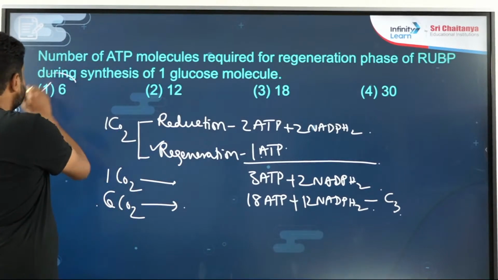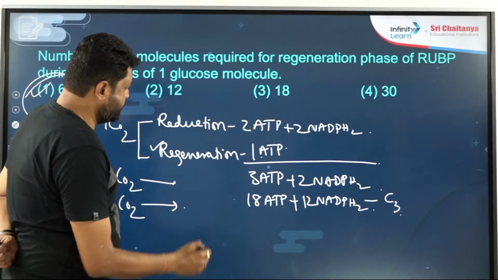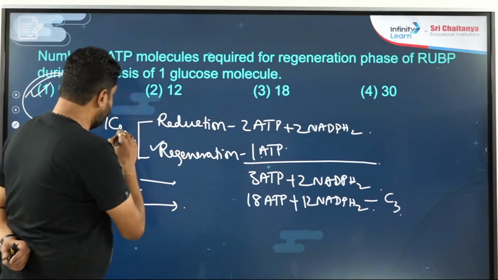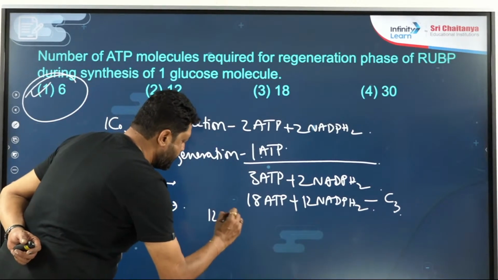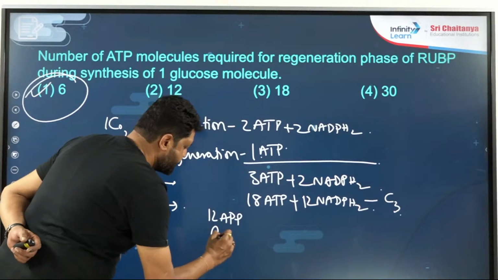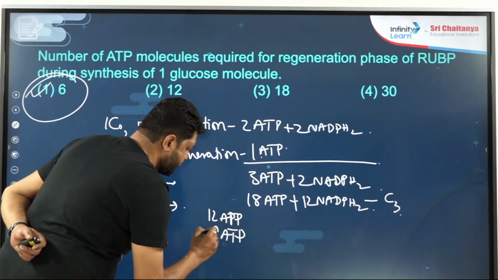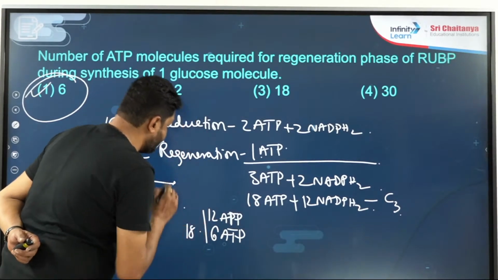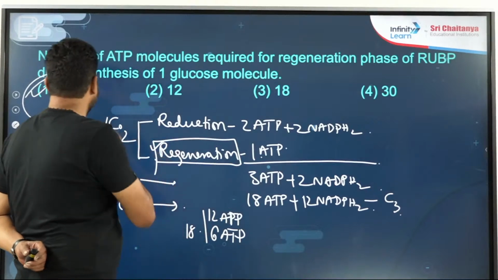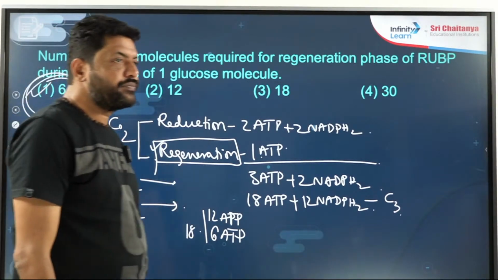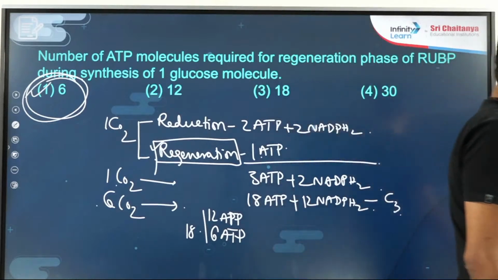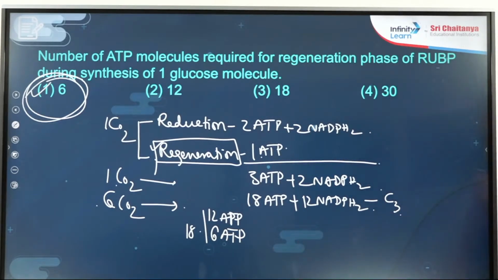If I talk about 6 CO2, 6 into 2, 12 ATP in reduction and 6 ATP in regeneration, together 18 ATP. So he is asking about regeneration only. Then the first option, 6, is the correct answer. Was it clear?